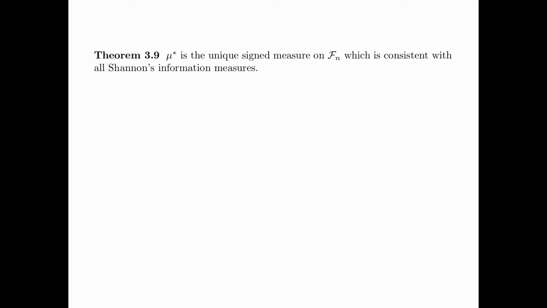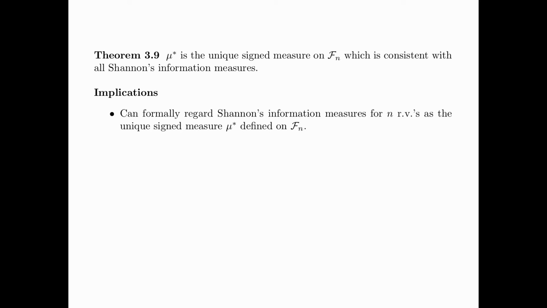Now we state Theorem 3.9, the most fundamental theorem in the theory of the I-measure, which says the following. μ* is the unique signed measure on the field F_n which is consistent with all Shannon's information measures. The implications of Theorem 3.9 are the following.